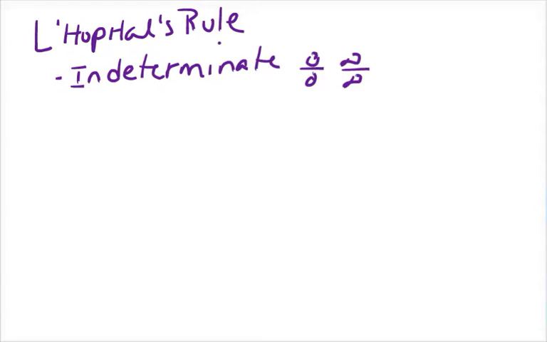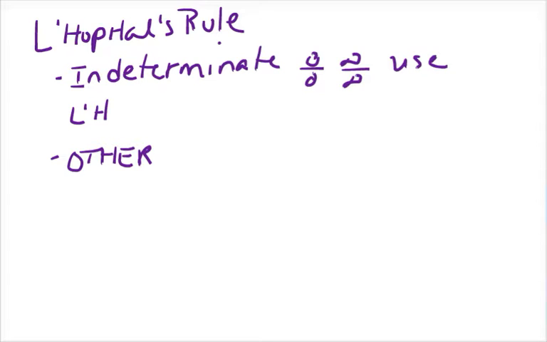If you have something in an indeterminate form, then you can use L'Hopital's directly. But there are other indeterminate forms that you need to get into L'Hopital's form in order to be able to use L'Hopital's rule.